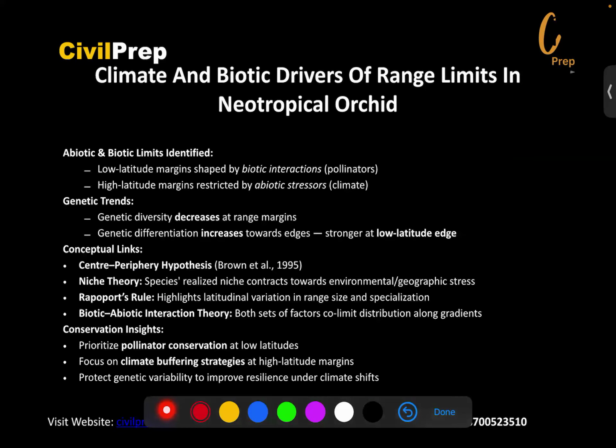Okay, moving forward. So here what we see is that there are certain biotic and abiotic limits which are identified. In the low latitude margins, it is shaped by biotic interaction, that is the pollinators. Pollinators will be the bee, bird, and there can be insects, rats, burrows. So those are the biotic interactions.